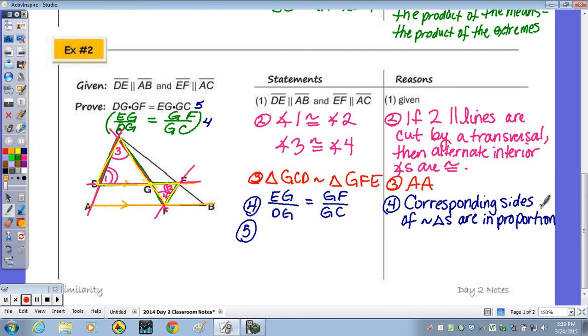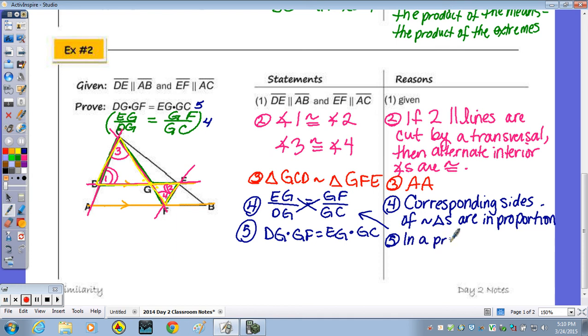And then lastly, again, we have the cross products. So now, here's my statement I had to prove. DG times GF is equivalent to the length of EG times the length of GC. And again, I don't want to state the cross products are congruent. I want to state based on this statement above, which was proportion.